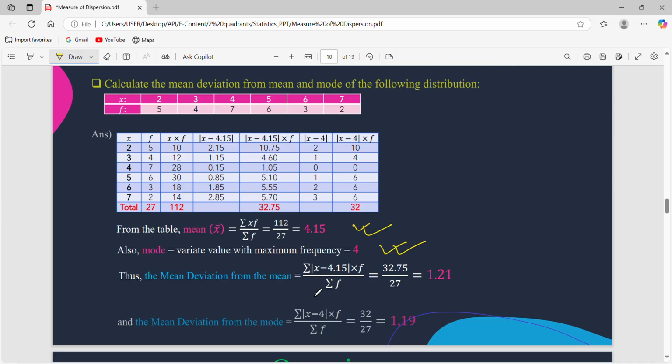So accordingly we will draw the table and arrange the columns. Ultimately we need the sum value, so put the sum value and divide by 27, since this is case 2. Here 27 means the sum of frequency. In this way we get 1.21 and 1.19.